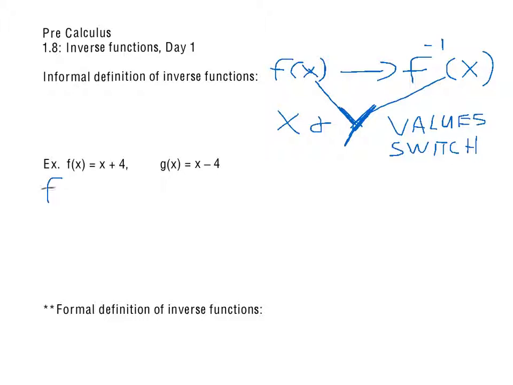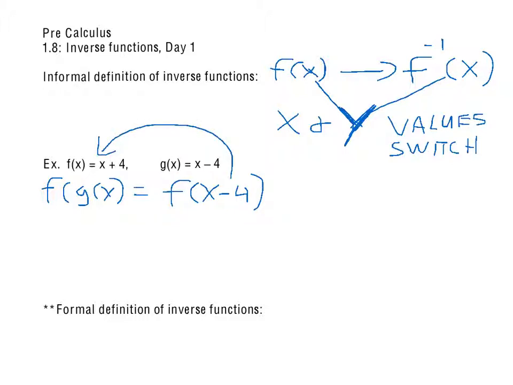If I do FOG, I'm doing f of g of x. So really I'm finding f of x minus 4. This x minus 4 I put into this x, so that's x minus 4, and then I bring this plus 4 down. Well, these 4's cancel, and it just equals x. Okay, let's do the opposite.